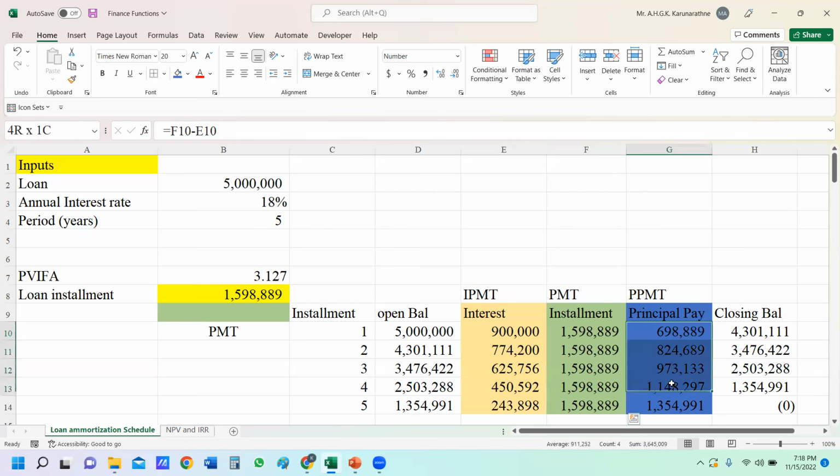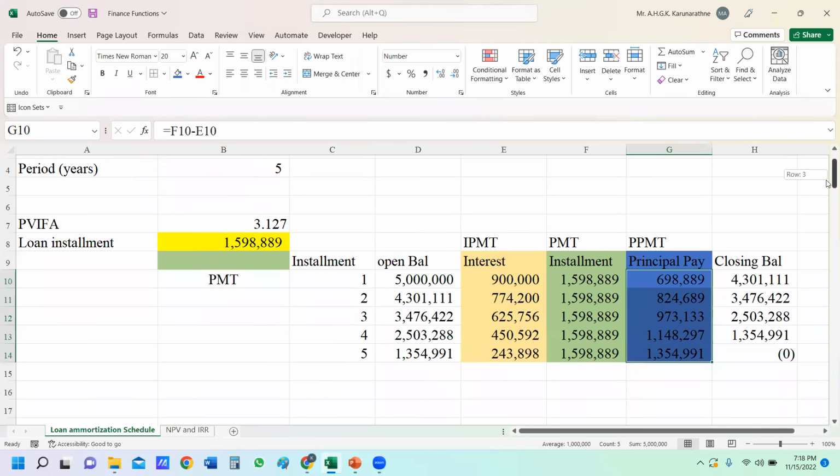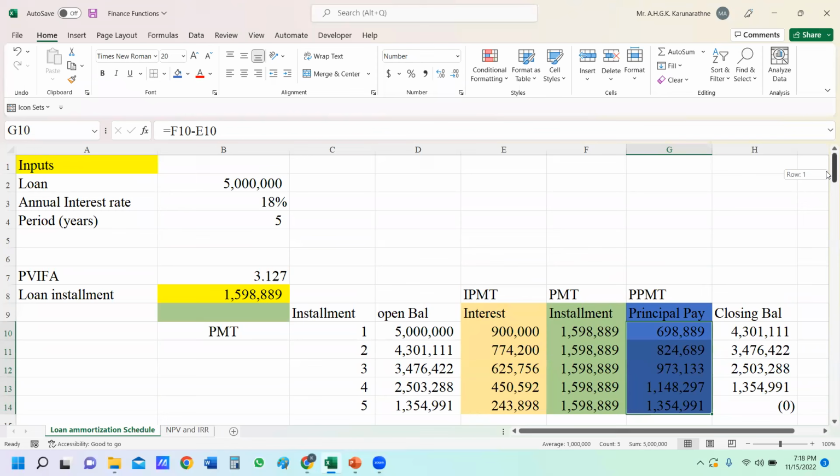Using the PPMT function, we can prepare this column, so that we can easily prepare the loan repayment schedule, because the open balance we can take from the previous closing balance, and the closing balance is the difference between open balance and the PPMT. Then the remaining two columns can be prepared without any support from Excel. So accordingly, we will now see how to prepare this loan amortization schedule with Excel inbuilt functions.